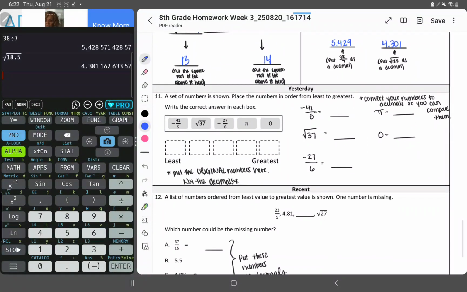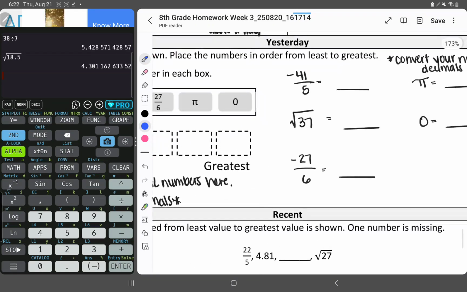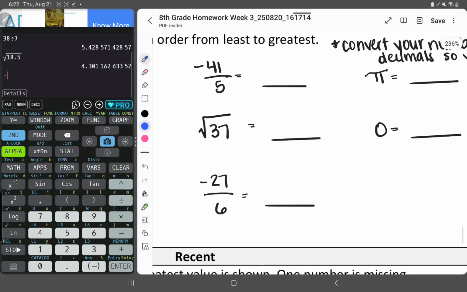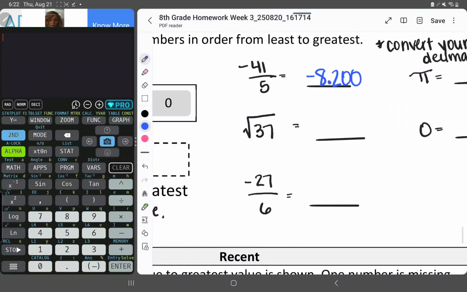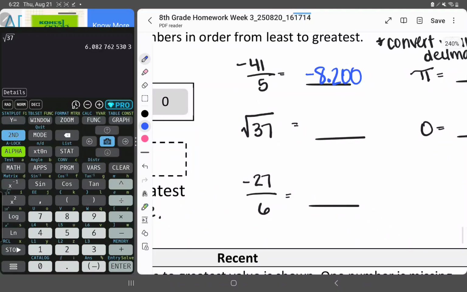All right, this one says to place the numbers in order from greatest to least. So what we're going to do is put these in decimal form. So we do negative 41 divided by 5 in our calculator, and that gives us negative 8.2. But I want to give it 2 more zeros so it can go out to the thousandths place. And then we'll take the square root of 37, and that gives me 6.0827, but that 7 is going to round that 2 up to 3.